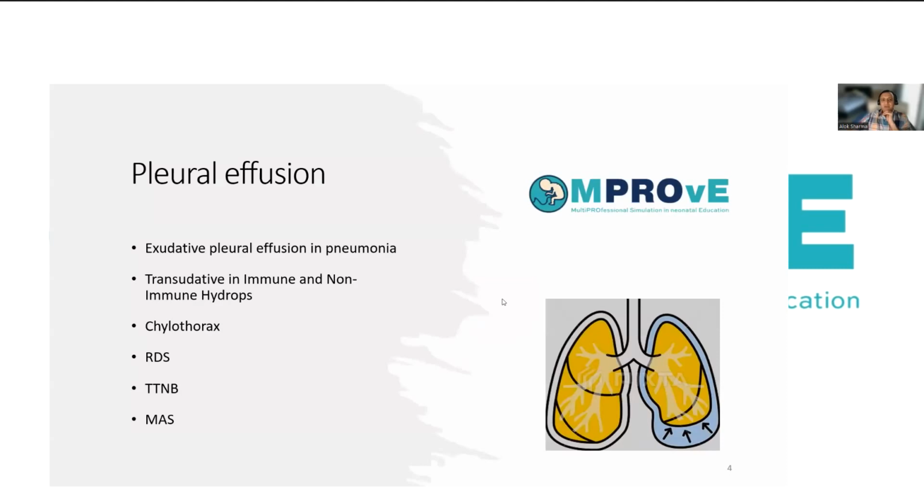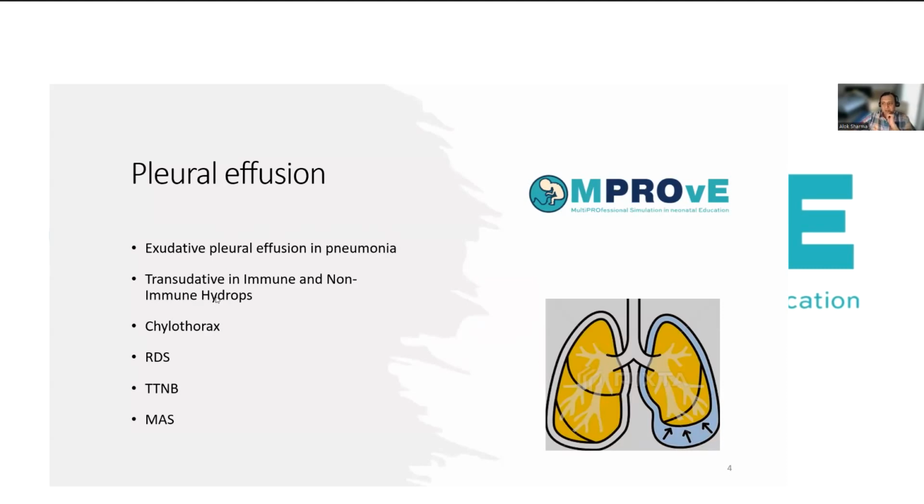Now, as we know, pleural effusions are fairly, I would say, uncommon in the neonatal unit, but we see them. And when we see them, usually from our perspective, they can be quite significant, as you might see in the case of pneumonic pleural effusions, which are usually exudative and occasionally present with pus-like findings.